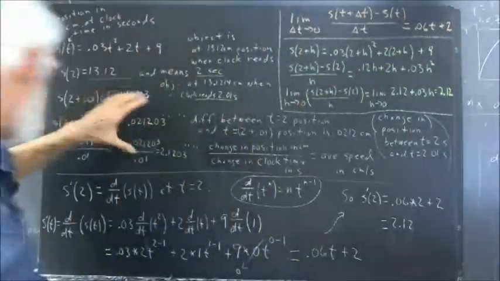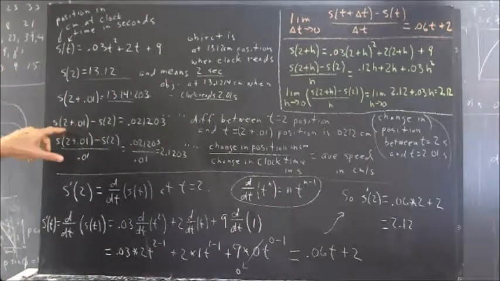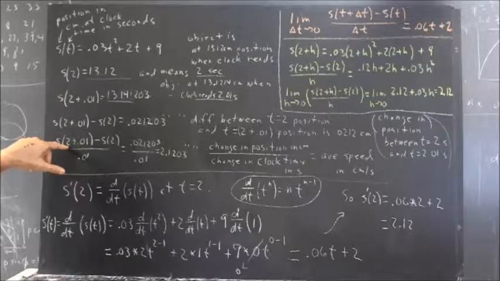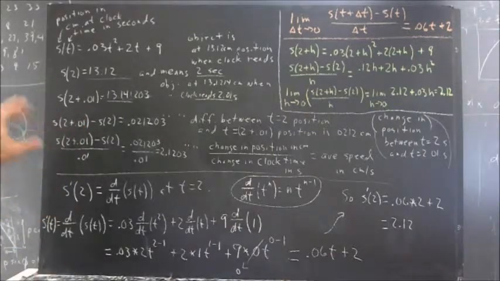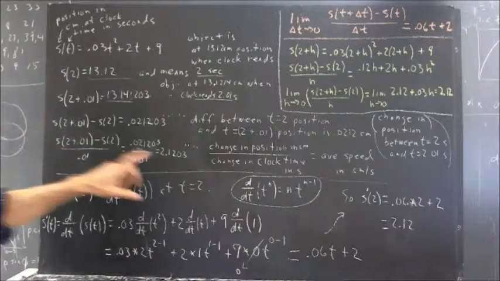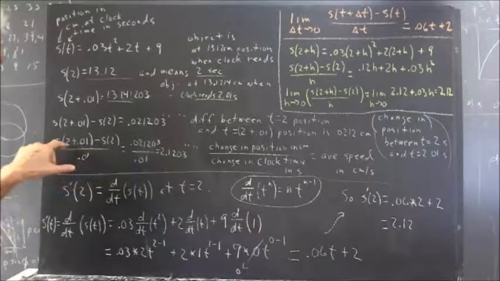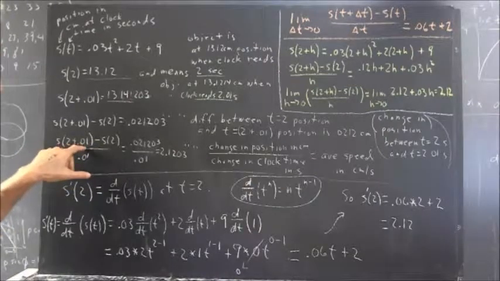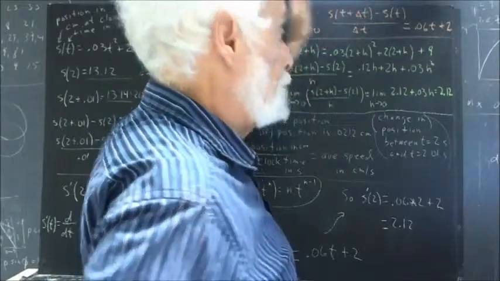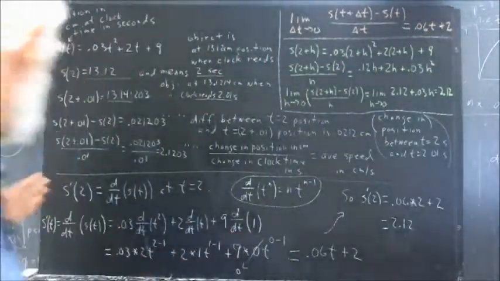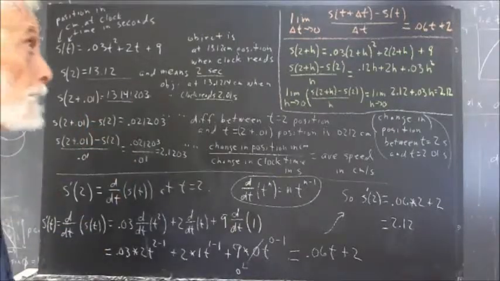Now that corresponds very closely to many of the calculations we did over here, but we did them with 2 instead of t, and we used 0.01 instead of delta t, so that we didn't get a general formula, we just got a specific result that corresponds to t equals 2 and interval of 0.01. So if t was 2 and delta t was 0.01, if we did this, we would end up doing exactly the same calculations we have done here.